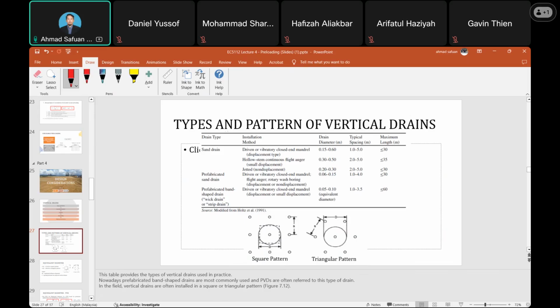That's why we need to use wash boring methods. The diameter is 0.06 to 0.15 with a typical spacing of 1 to 4. And the maximum length is similar to the sand drain methods.